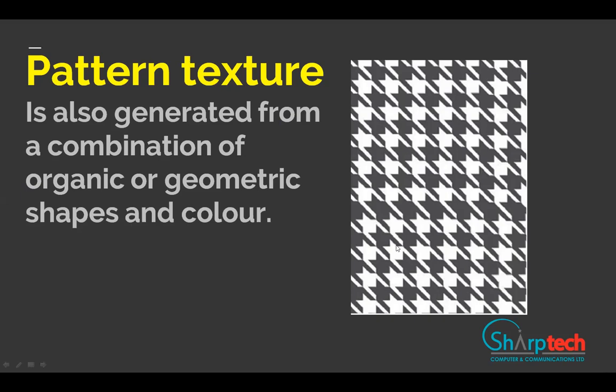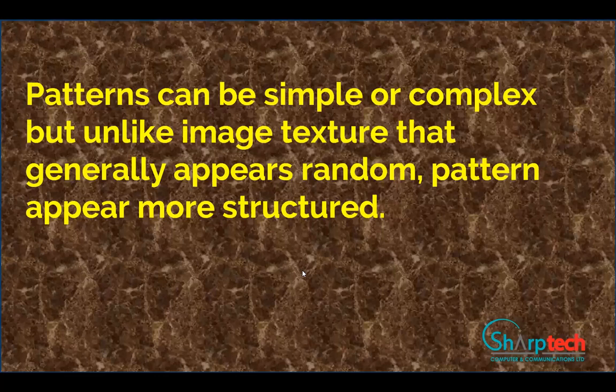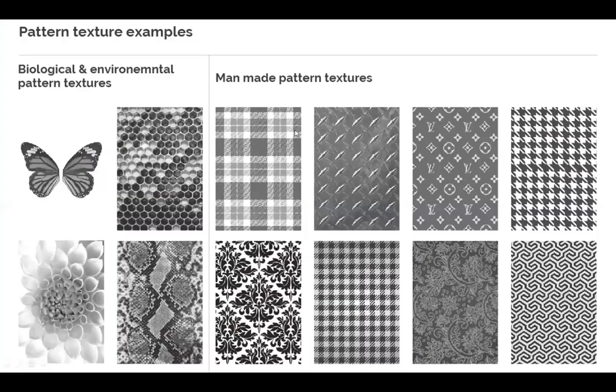Not unorganized, unlike the image texture, whereby sometimes you may not be able to recognize exactly what is on the texture. But with a pattern texture, because of the structure of the pattern, you are able to recognize that there is one shape which is repeated several times and it is very organized. So that's what we are saying here in this statement.